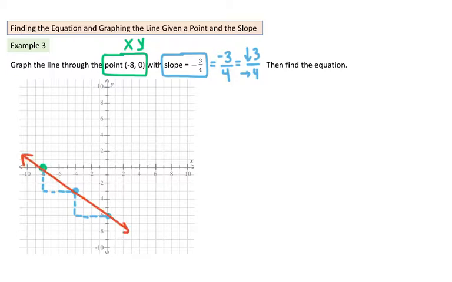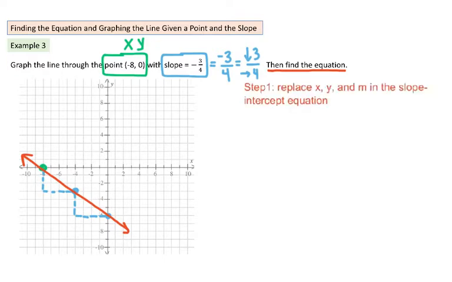And now one more time, we'll have to find the equation. So there's 3 steps to follow in order to find the equation. The first step is we will replace the x, the y, and the m, which is the slope, into the slope-intercept equation. So in this case, the y is 0.